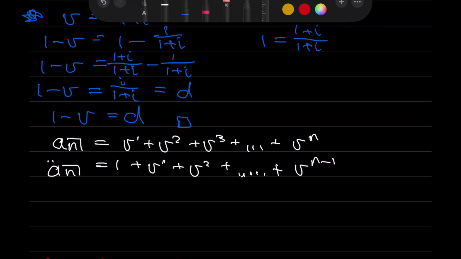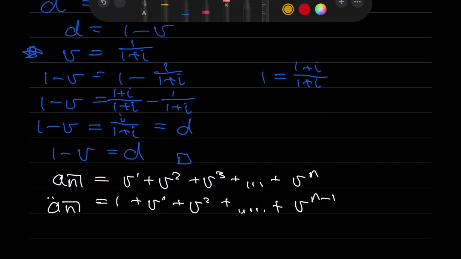So we can see that when receiving money in arrears, meaning at the end of a period, to get the present value of it, we'd have to discount it once. And then on our second payment, we'd be discounting it twice. Third would be 3 times, until our nth payment, which we'll have to discount n times.